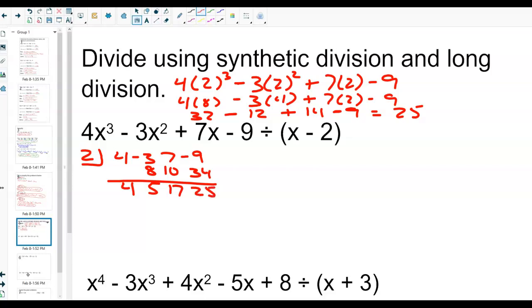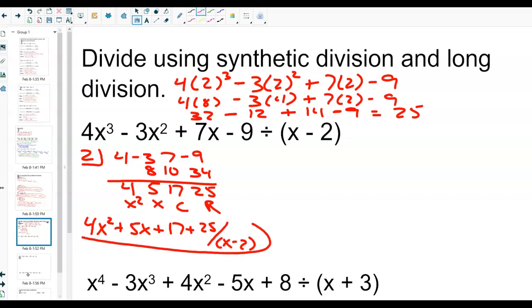So I'd argue I probably did it correctly. Remainder, constant, x, x squared. So I write that answer as 4x squared plus 5x plus 17 plus 25 over x minus 2. You have to write the final answer.